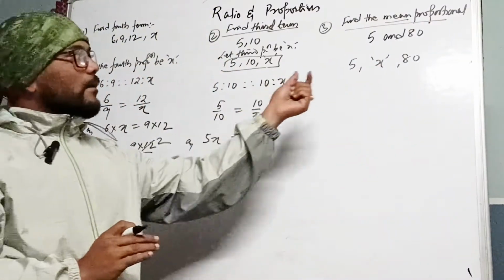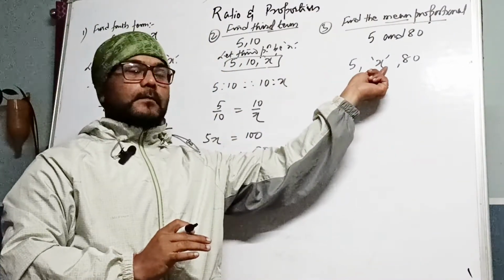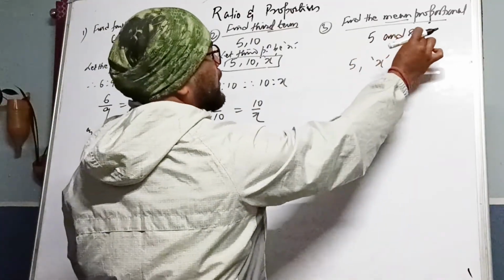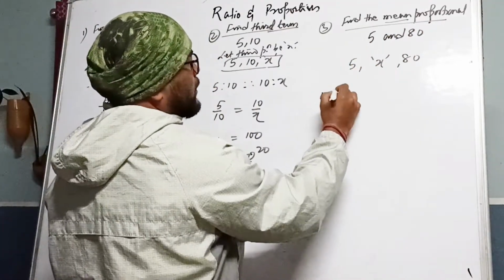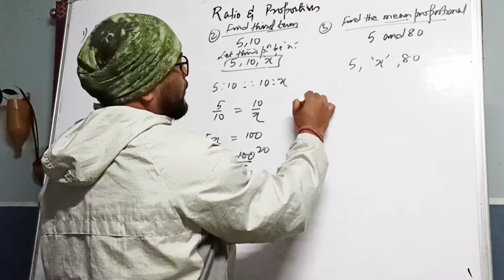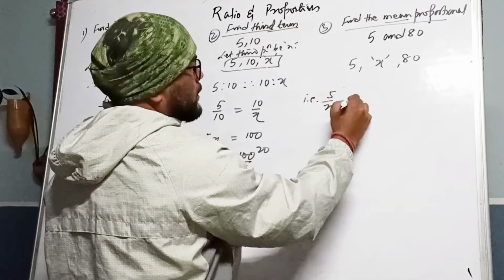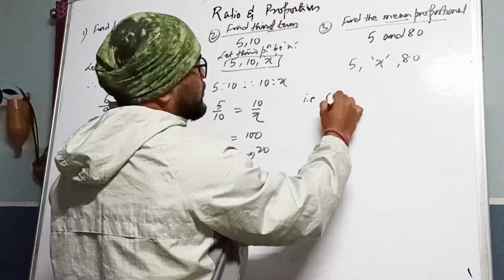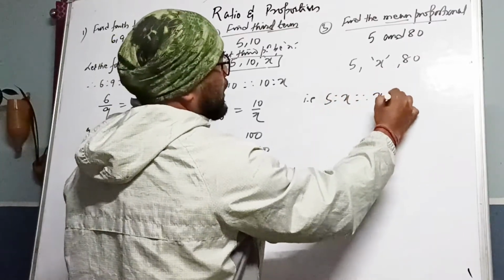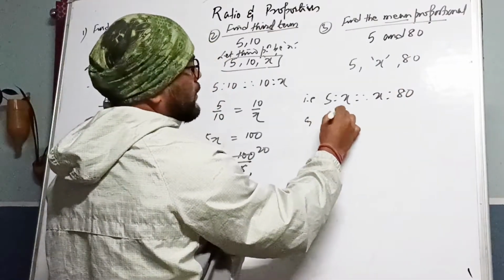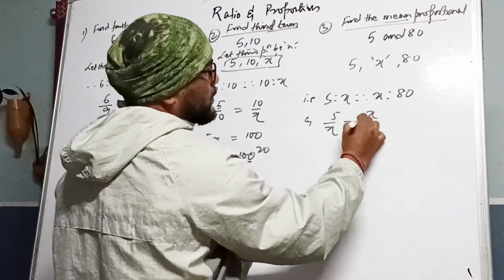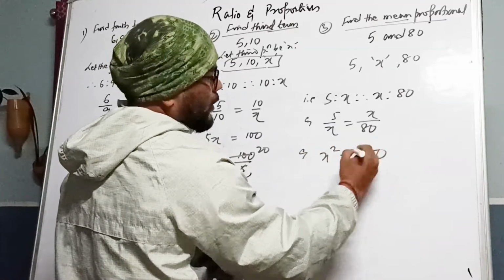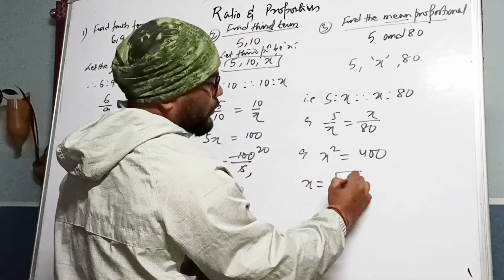So we have assumed the middle number as x. So you just write down, let the mean proportional be x. Now it can be written in the form 5 is to x is directly proportional to x is to 80, or you can directly write as 5 by x equals x by 80, or x square equals 400, or x equals root over 400.